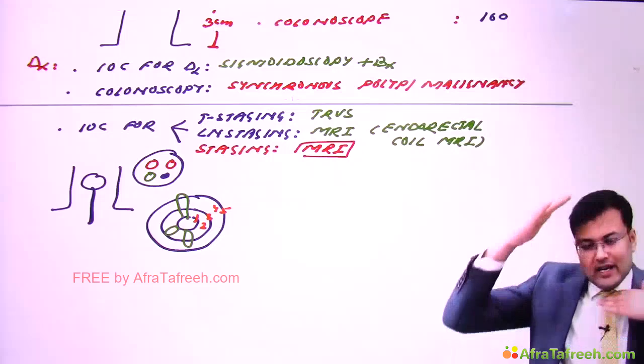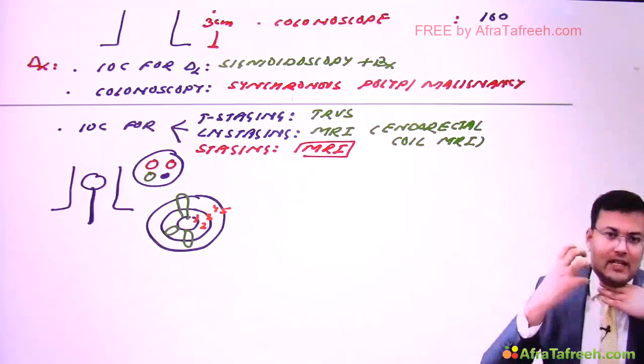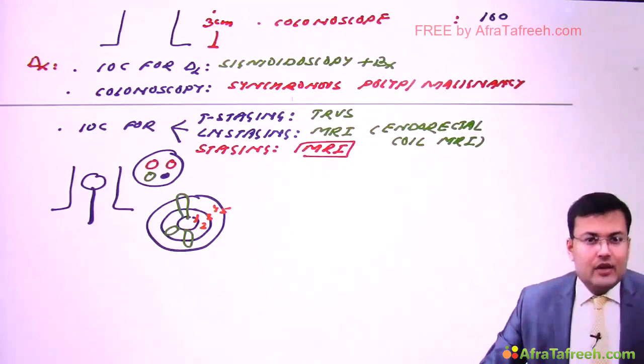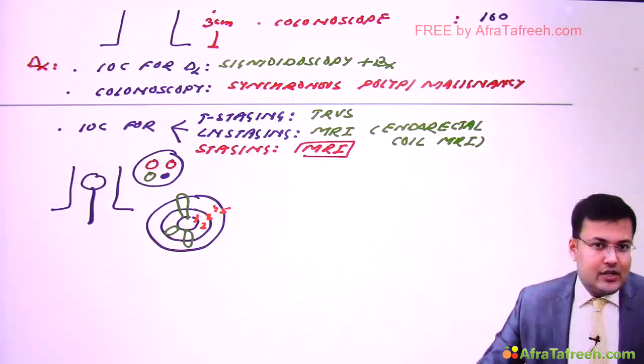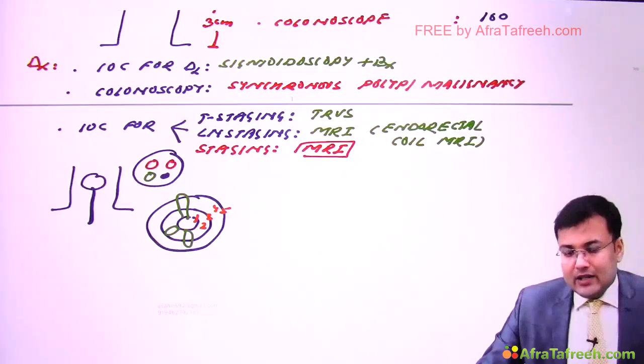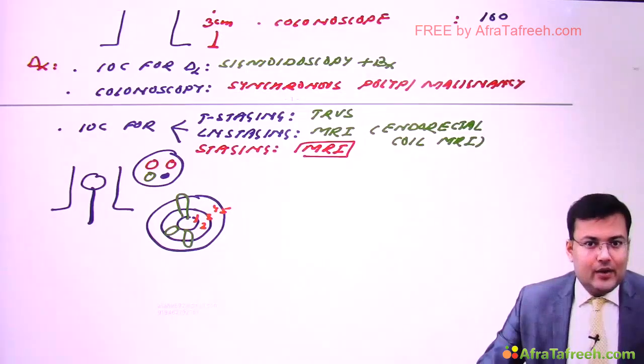That's why for head and neck malignancies like oral cavity, salivary gland tumor, brain tumors, the investigation of choice for staging is MRI. And for pelvic malignancies like carcinoma rectum, carcinoma bladder, carcinoma prostate, investigation of choice for staging is MRI. Okay.